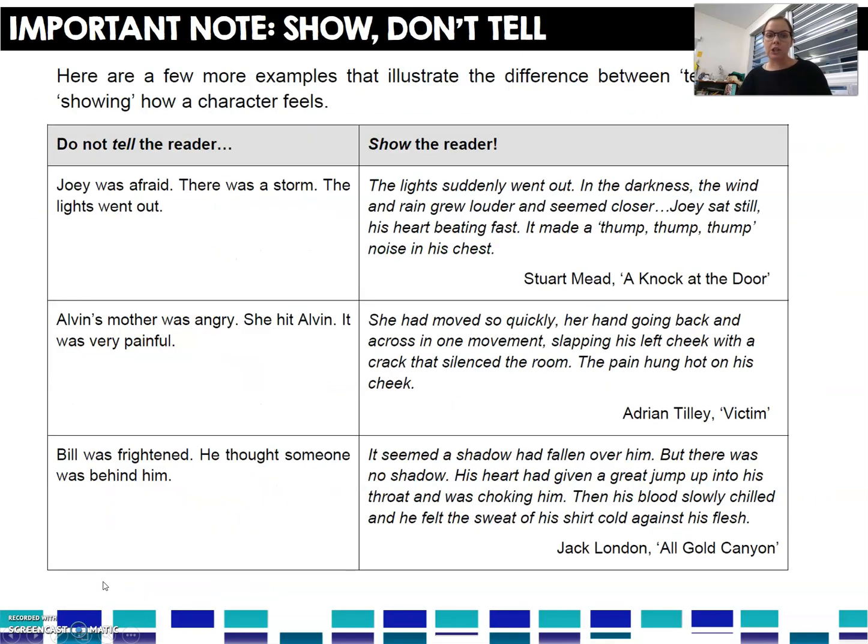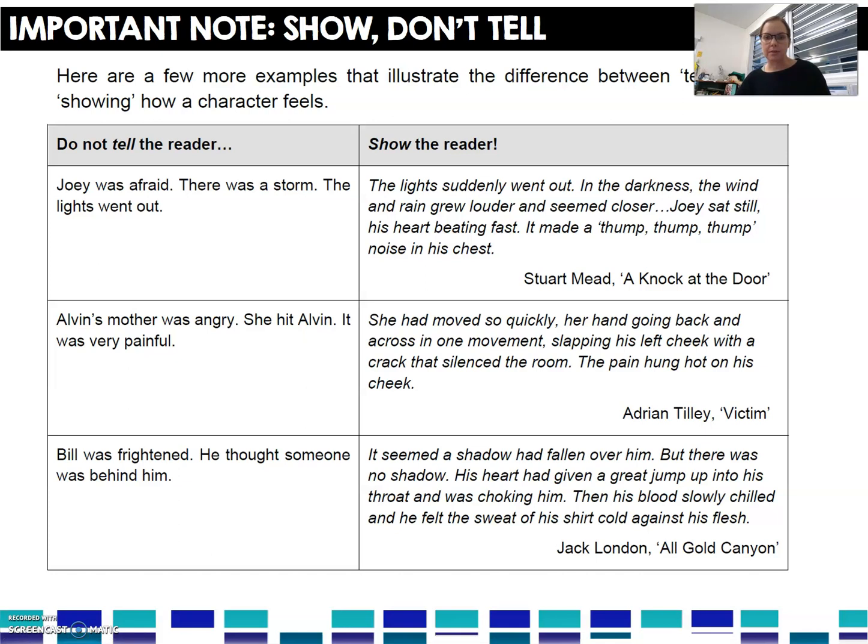What we mean by show, don't tell: there are multiple examples here of telling the reader what's going on rather than showing the reader. So "Joey was afraid, there was a storm, the lights went out." That's telling. That's lots of facts being stated. It's quite boring to read, whereas "The lights suddenly went out. In the darkness, the wind and rain grew louder and seemed closer. Joey sat still, his heart beating fast.